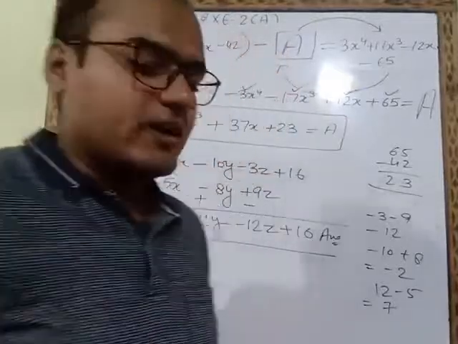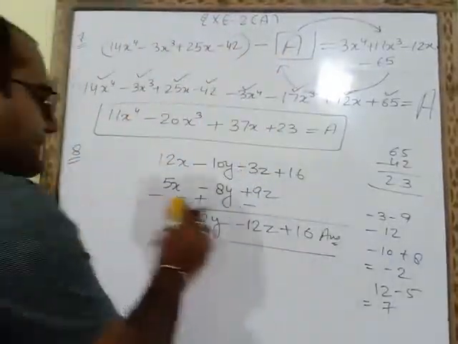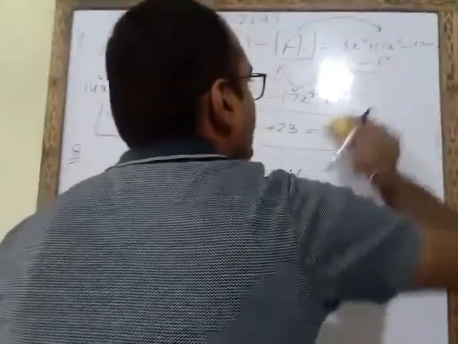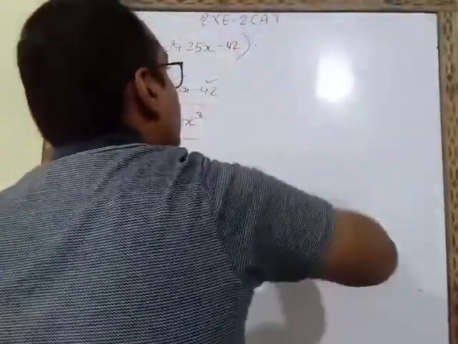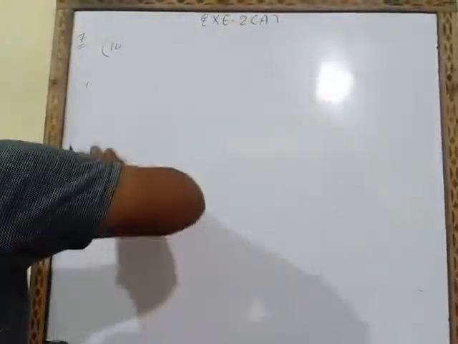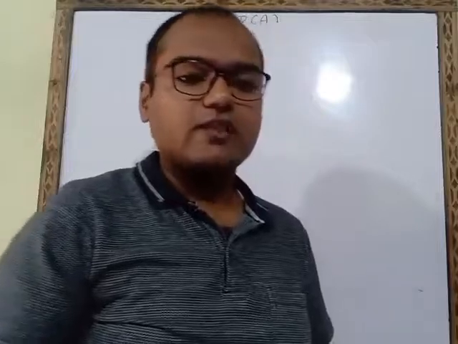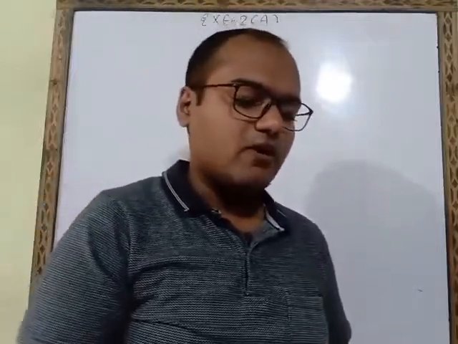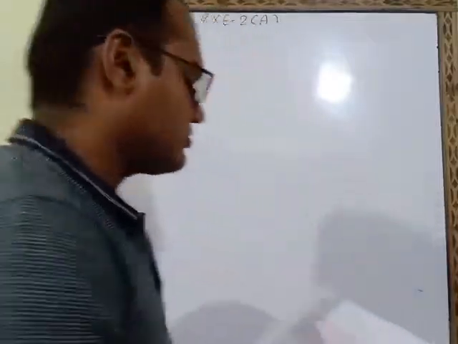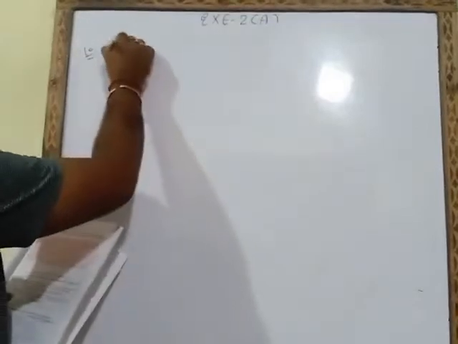Now see question number 10. 10th question. The perimeter of a triangle is given. So we will also write it in question number 10.